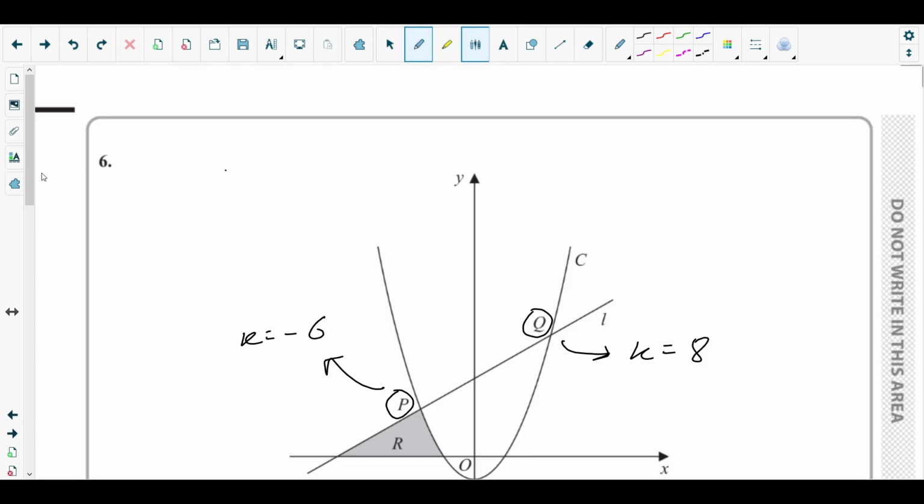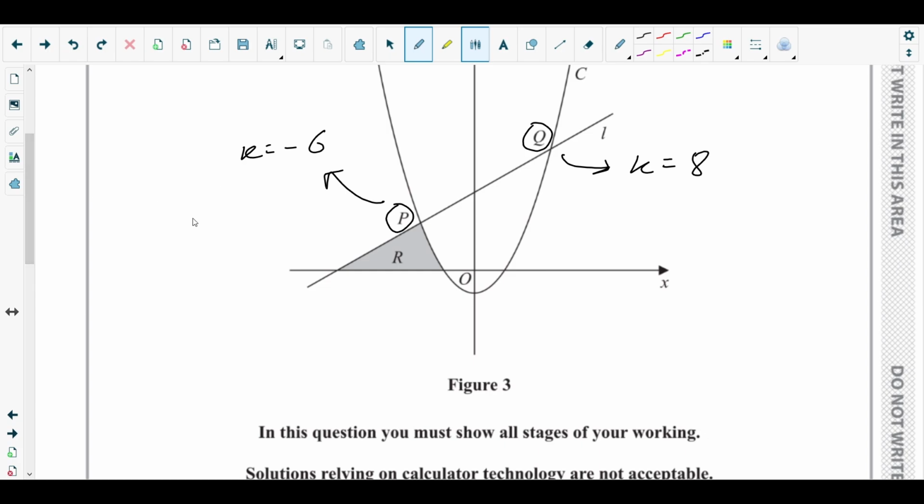Look, if you consider the 3 inequalities, we said the region R is just below the line L. This is this part, right? And then we said the region R is below the curve C. This is this part, right? So below L, below curve C, and above the x-axis, this is this part, region R, and also it consists of this other part.